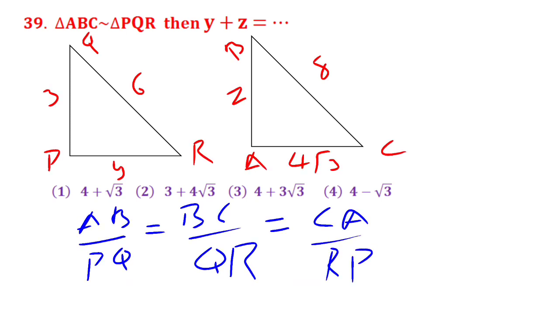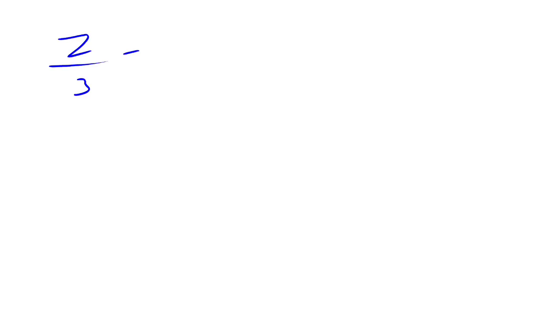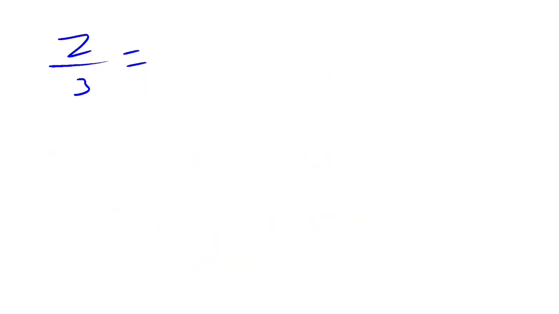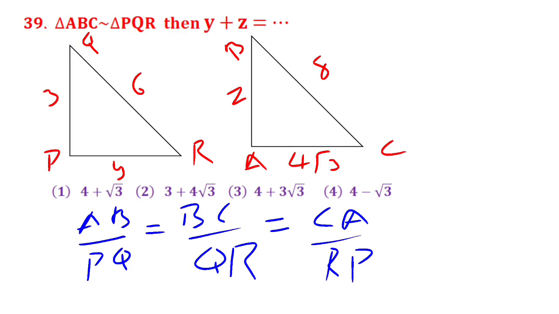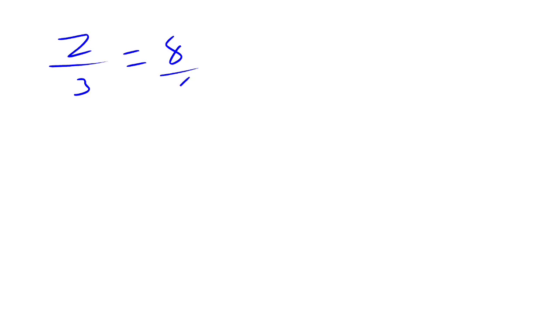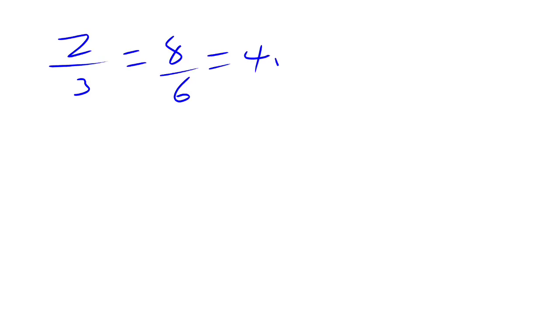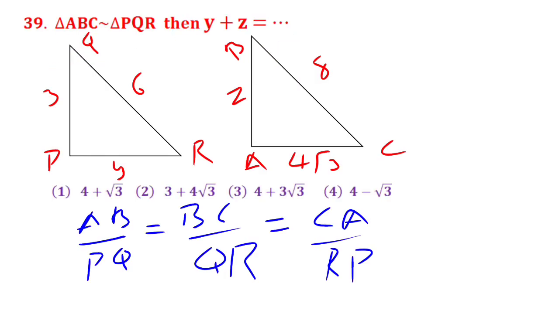Let's substitute the given values. AB value Z by PQ value 3 equals BC value 8 divided by QR value 6 equals CA value 4 root 3 divided by RP, Y.